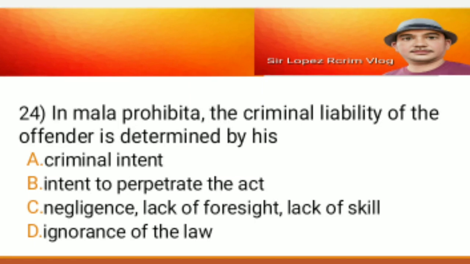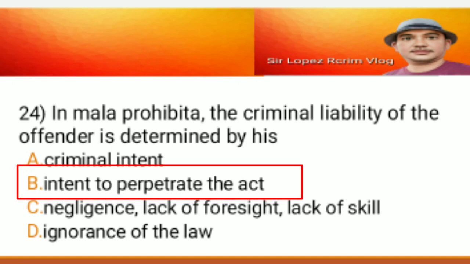In mala prohibita, the criminal liability of the offender is determined by his, letter A, criminal intent, letter B, intent to perpetrate the act, letter C, negligence, lack of foresight, or lack of skill, letter D, ignorance of the law. The correct answer here is letter B, intent to perpetrate the act.